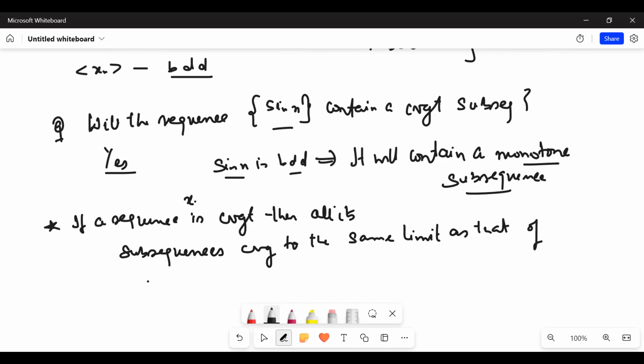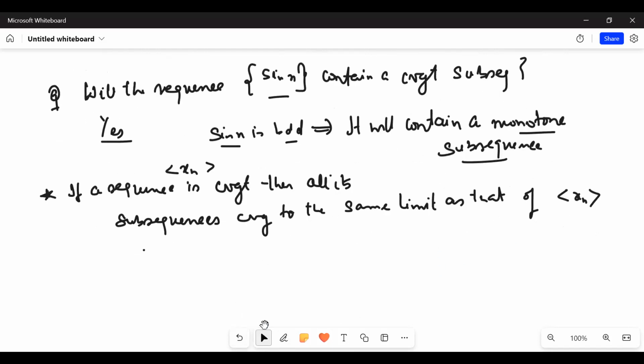So if you find that there are two subsequences of a sequence and both of them are going towards different limits, then xn can never be convergent.